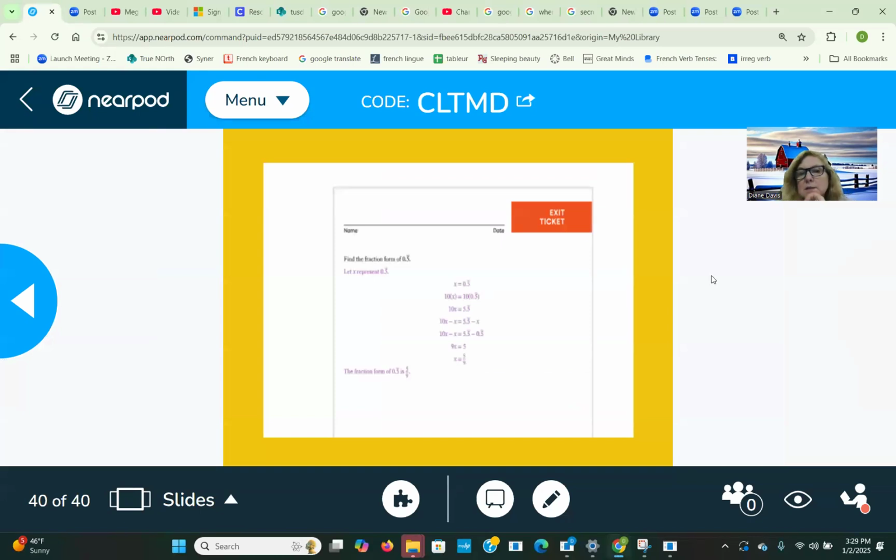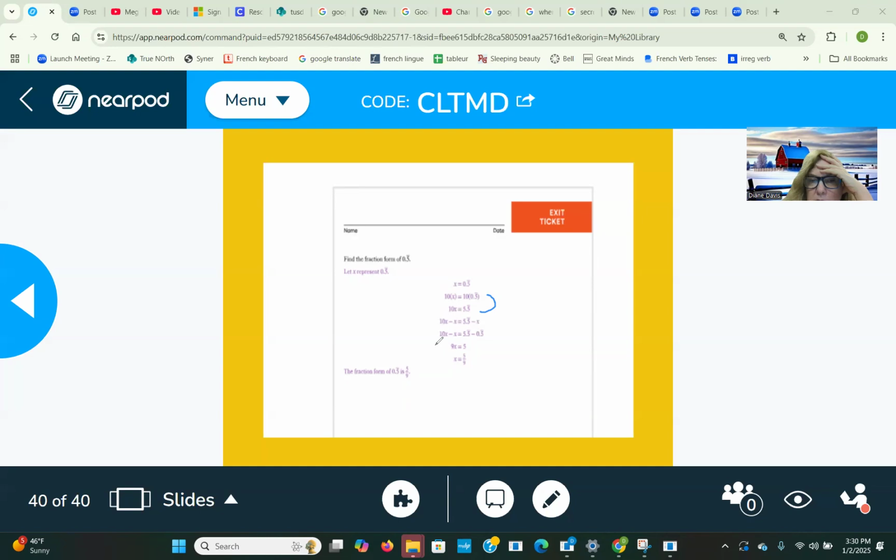Okay, here's the exit ticket. This is find the fraction form. We do the same thing. Let x equal 0.5 repeating. Multiply both sides by 10. That's this step. As you multiply both sides by 10, then you have 10x take away x equals 5.5 repeating take away x.